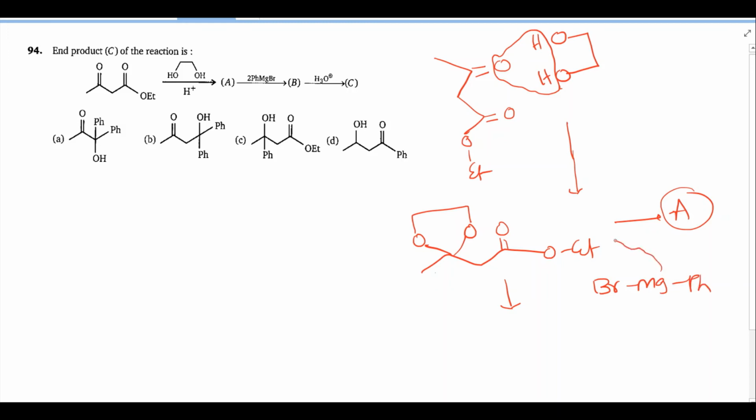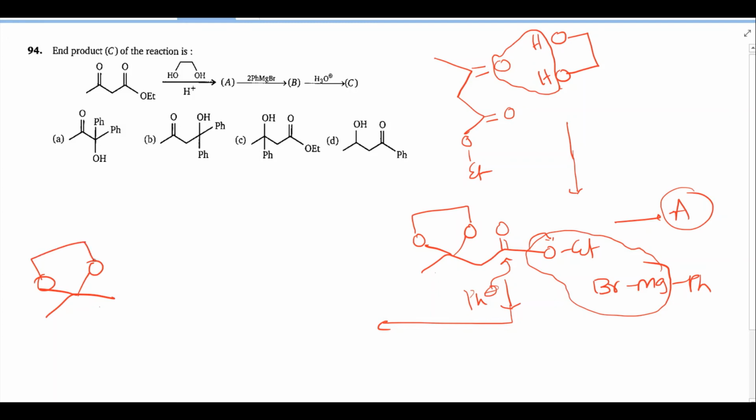So here this is eliminating. That means here Ph minus is attacking and O minus is leaving. Then you are going to get this, it is like this ether, and this is C double bond O. In place of this OEt, there is a Ph.